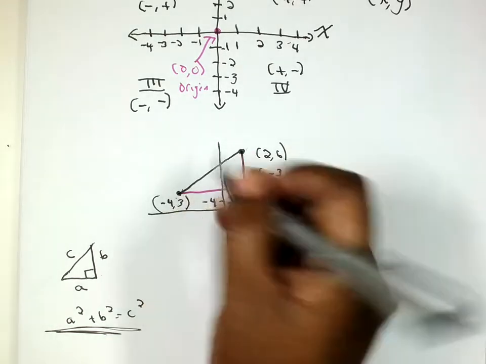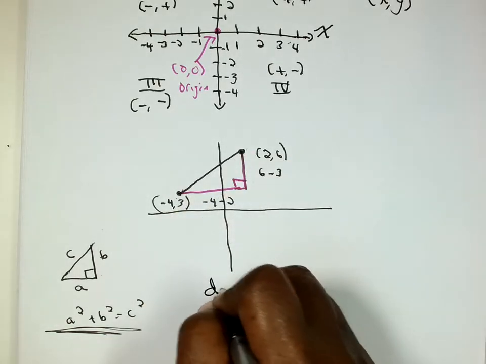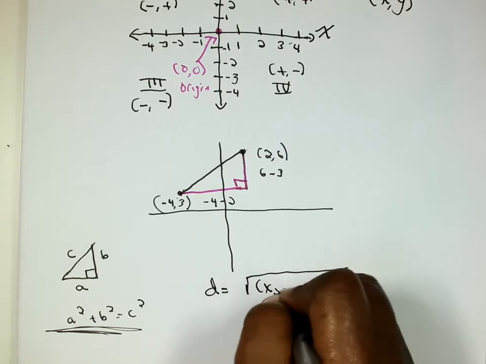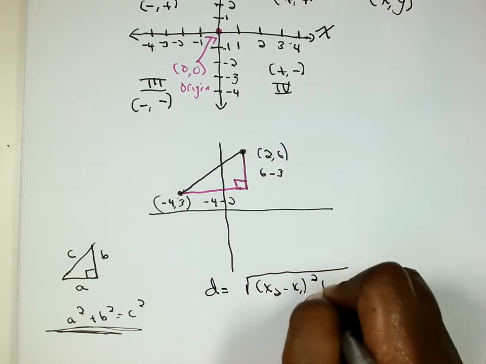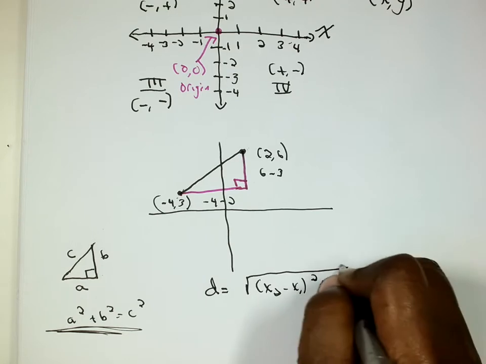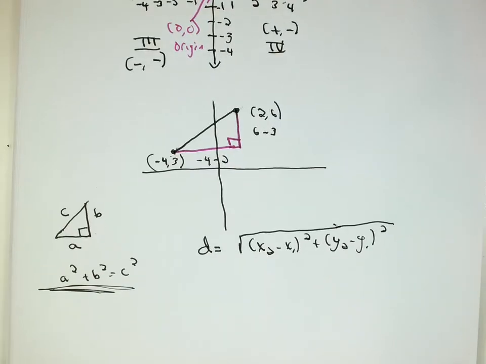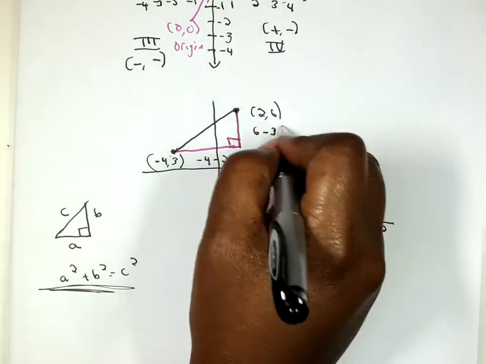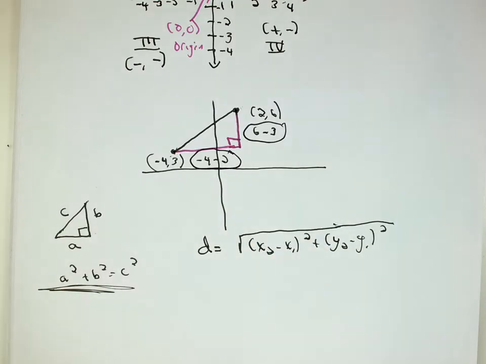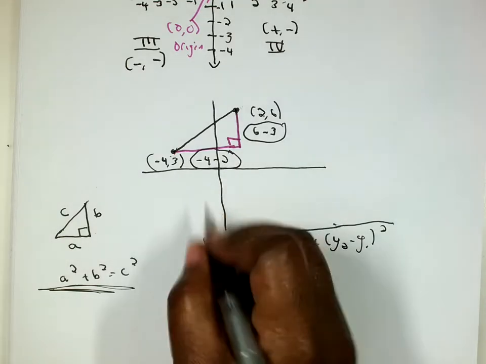And what we'll find is the hypotenuse. So D is just going to be the x coordinates subtracted and squared plus the y coordinates subtracted and squared. So this is what I got for the y coordinate subtracted. This is what I got for the x coordinate subtracted. So all I have to do is just plug them in here and square it.